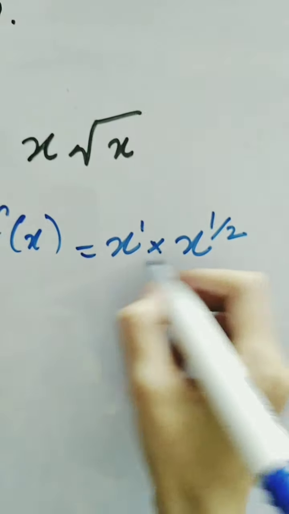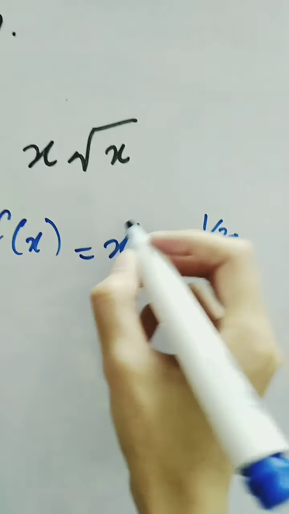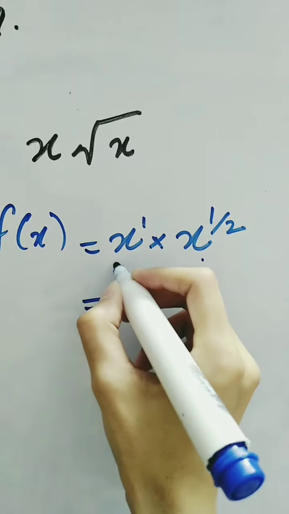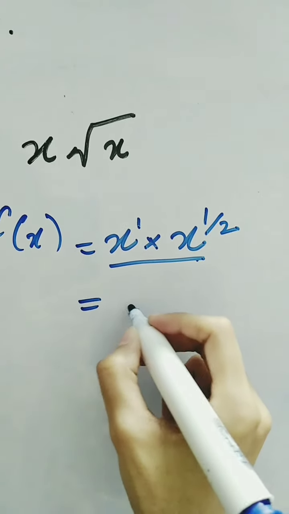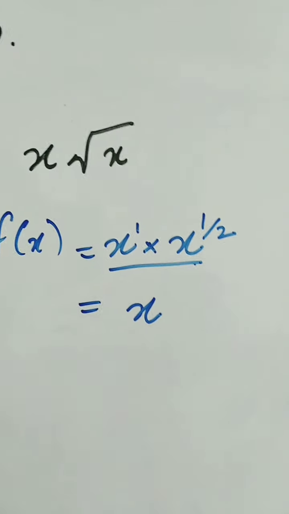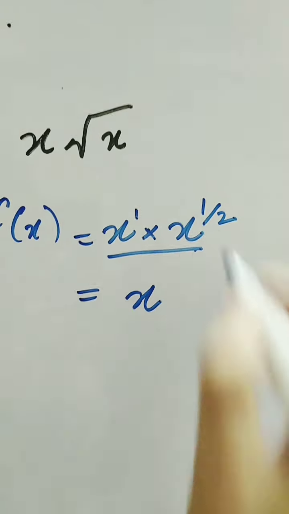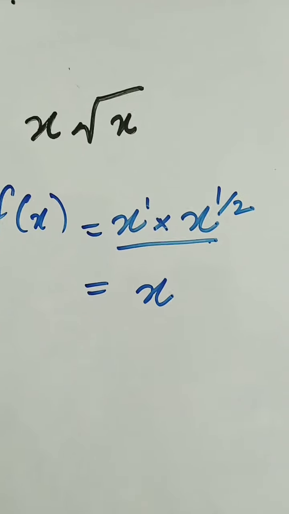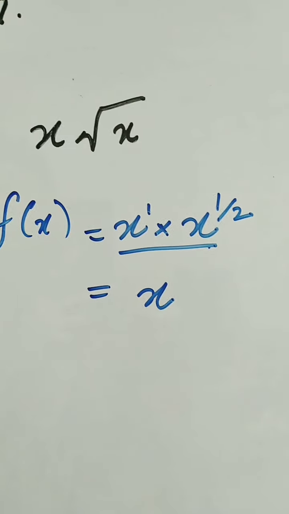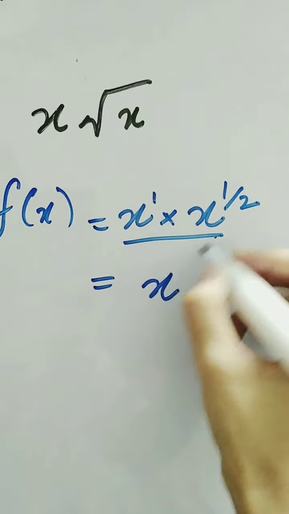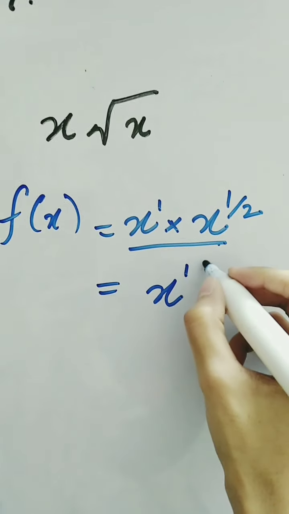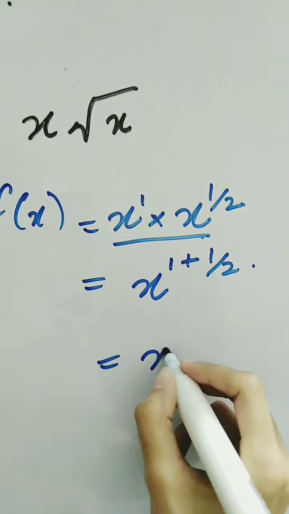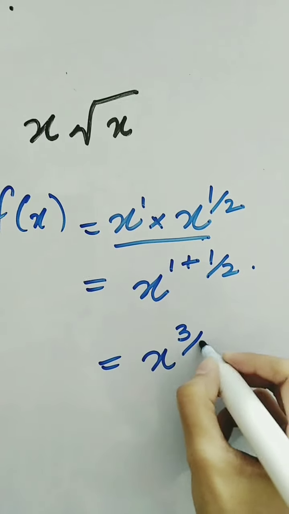So the two x are multiplying with each other, one having a power 1 and the other having a power of half. And as we know, when the variables multiply with each other and the base is the same, then the powers add. For better understanding of these things, go through the lesson on surds and indices. So here we can add these powers with each other and it becomes 3 over 2.